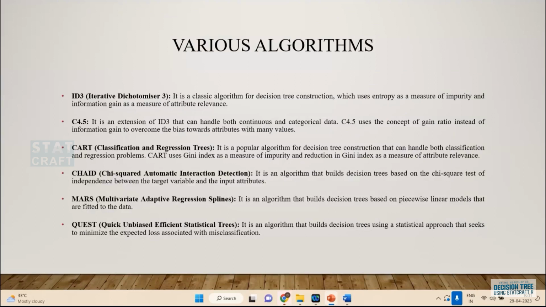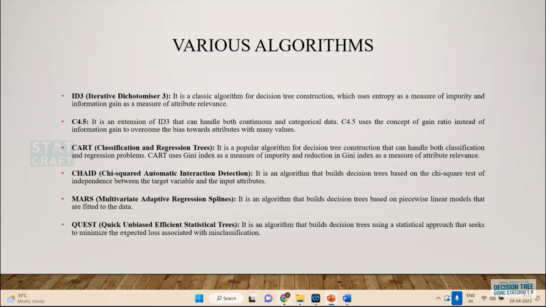There are some measures to detect the impurity in the nodes. One of them is entropy, another is gain ratio, another is Gini index. Okay. So C4.5 is an extension of the ID3 algorithm that can handle both continuous and categorical data. C4.5 uses the concept of gain ratio instead of information gain to overcome the biases. CART, classification and regression tree.